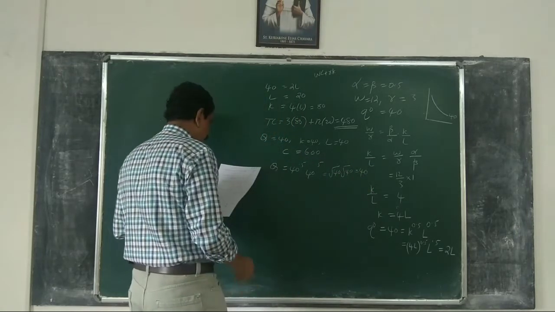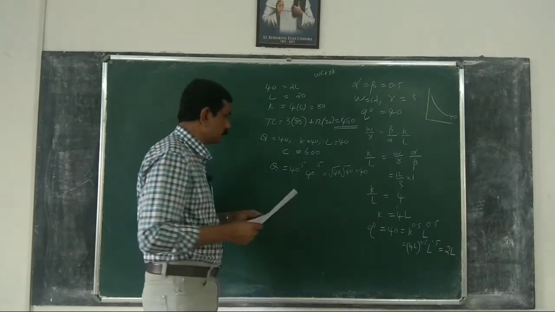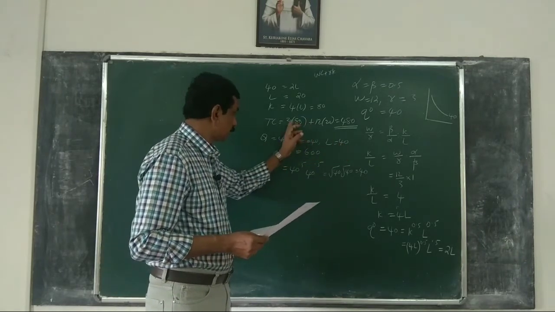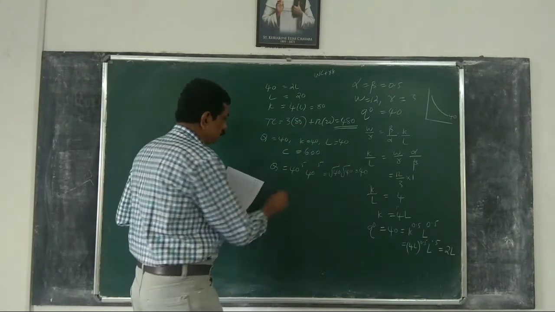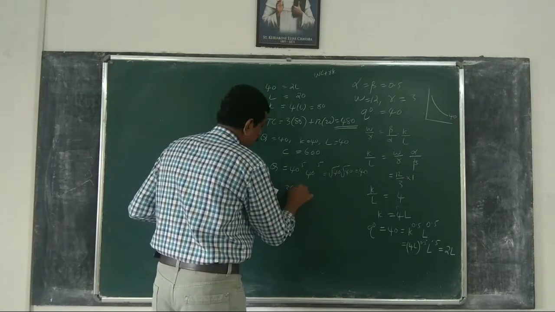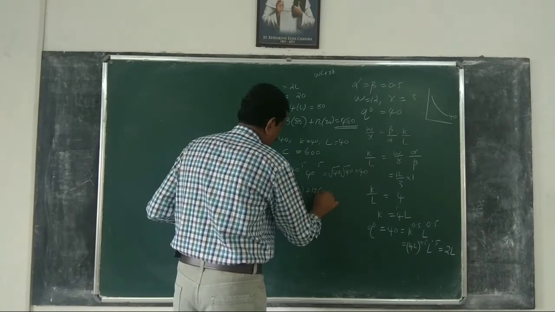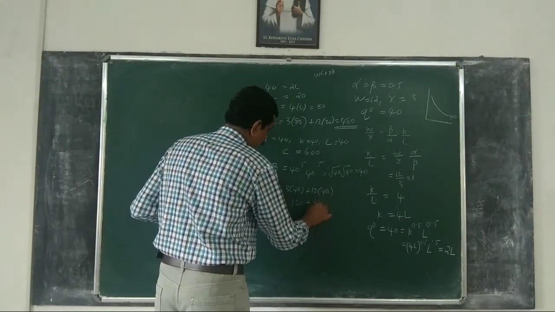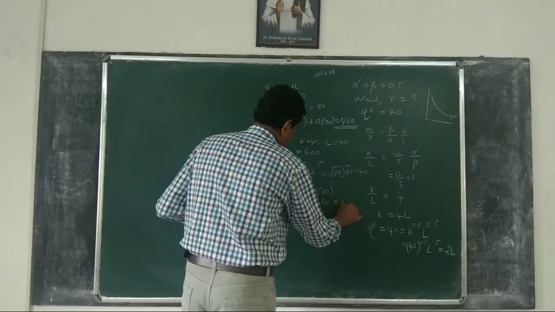And if you substitute K equal to 40, L equal to 40 here, 3 into 40 plus 12 into 40 is equal to 120 plus 480, it is 600.